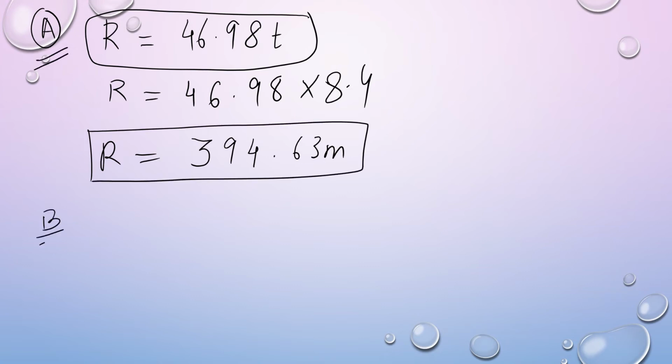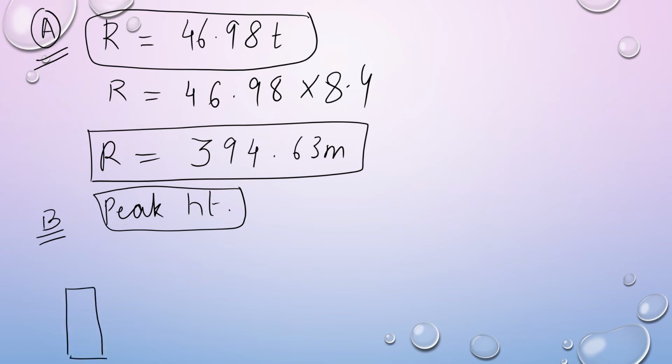So the second part was to find the peak height. Now you know that you were standing here on the top of the building and this was my motion. Now to find the peak height, I'm going to consider my motion from point A to point B, right?